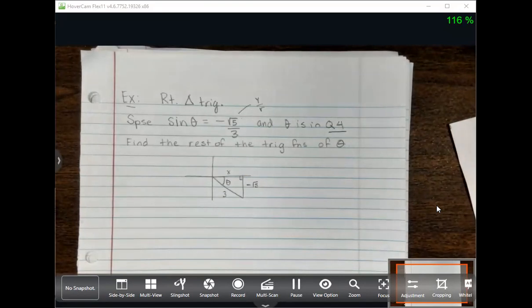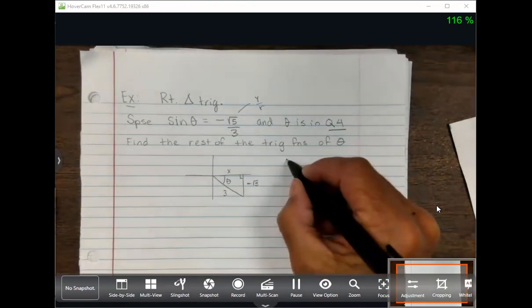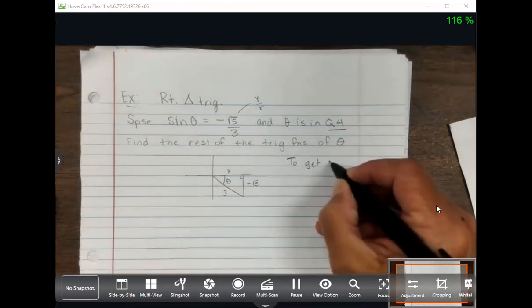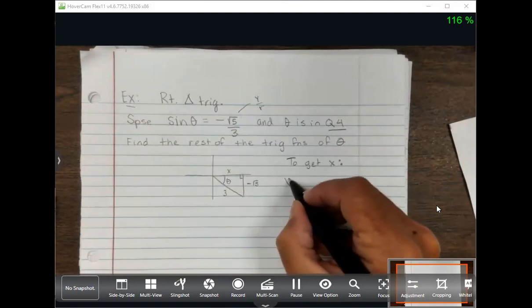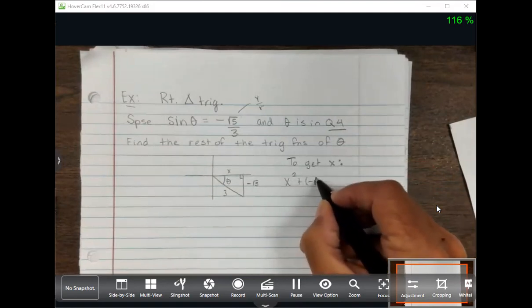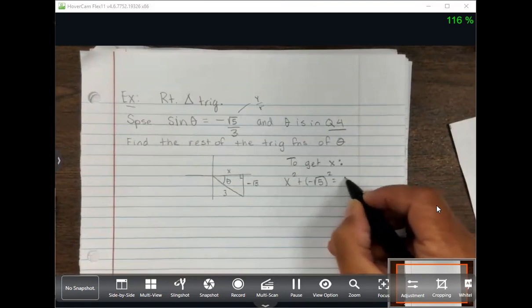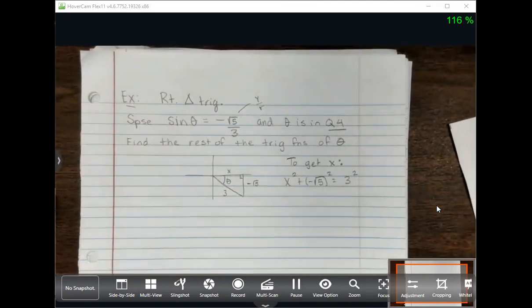In any right triangle, the sum of the squares of the legs is equal to the square of the hypotenuse. So in our picture, x squared plus the negative square root of 5, all squared, should be equal to 3 squared. So I have x squared plus 5 is equal to 9.